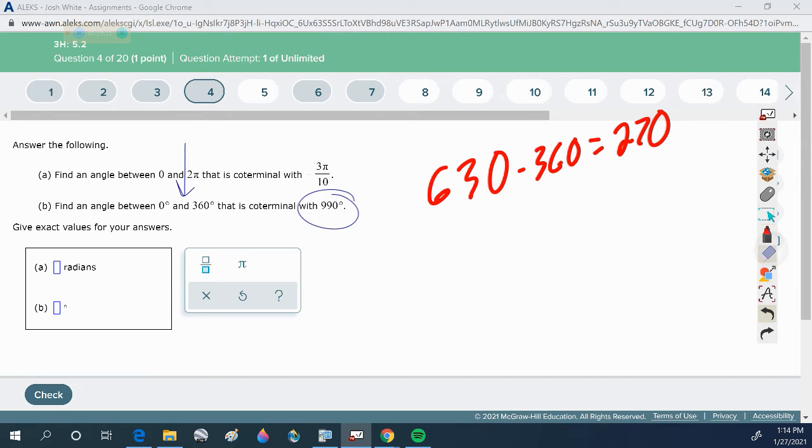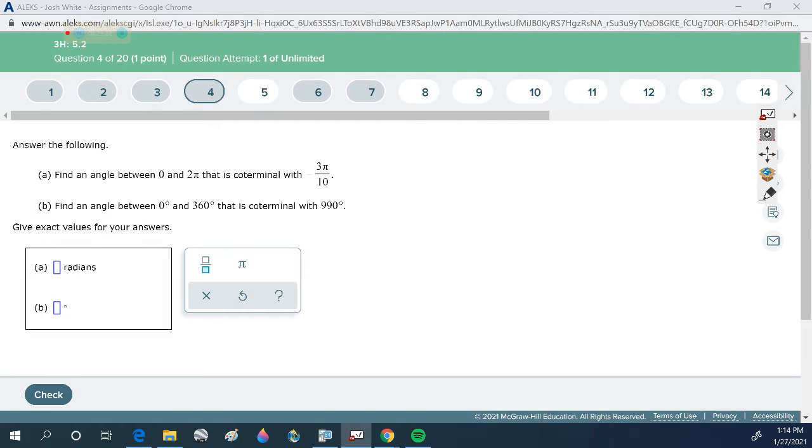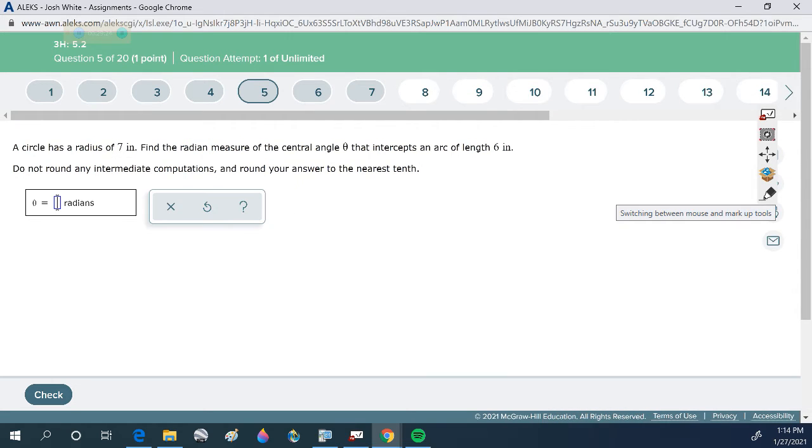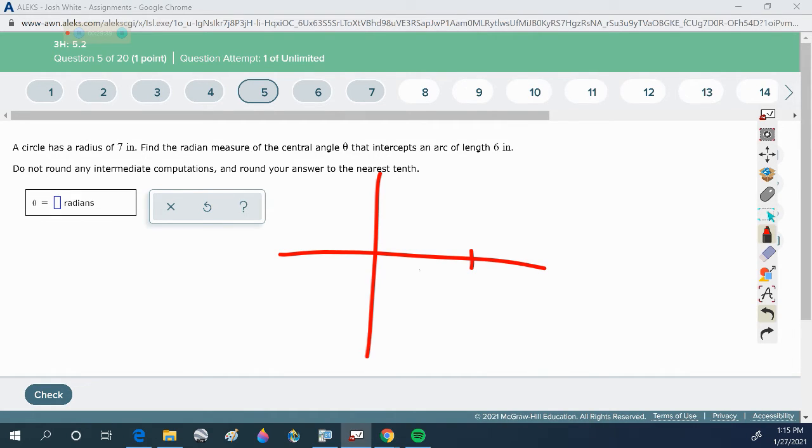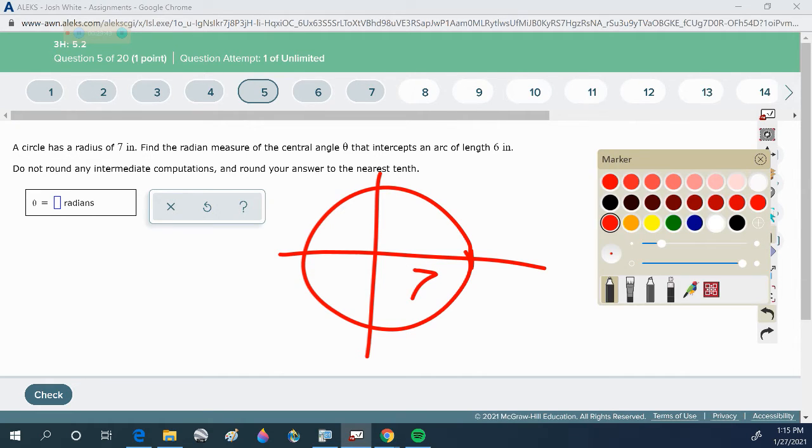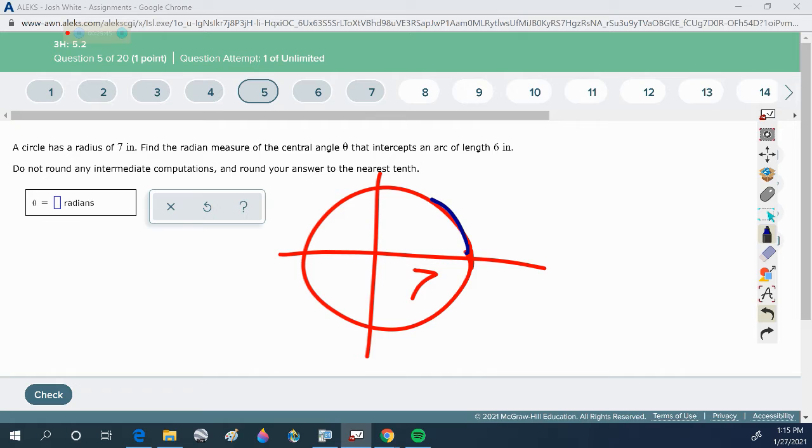Okay, and the last problem. A circle has a radius of 7. Find the radian measure of the central angle if the arc length is 6. So, I have a radius of 7. Draw my circle, and I travel around that circle 6 inches. How big is this angle?